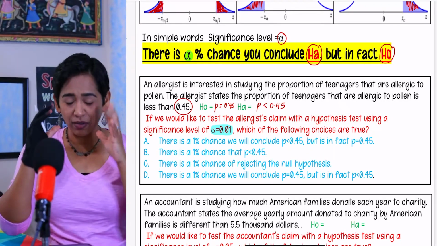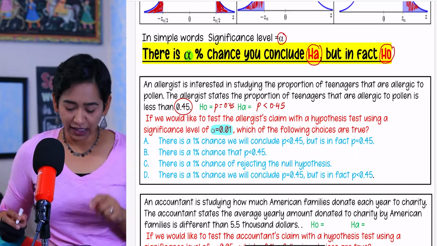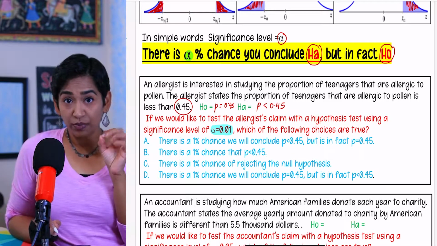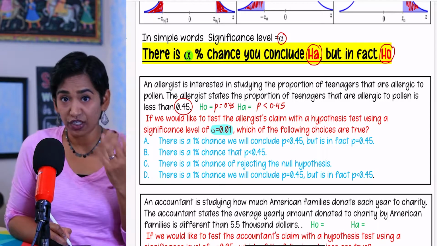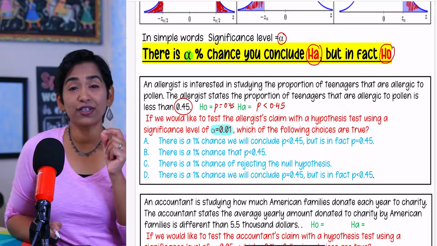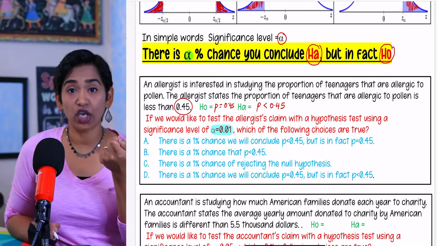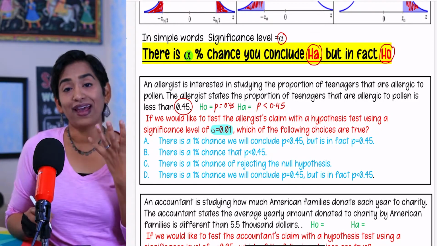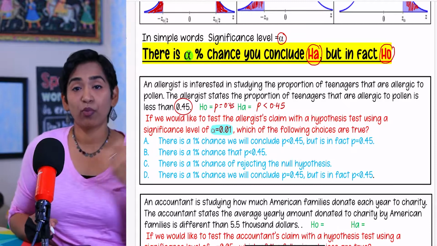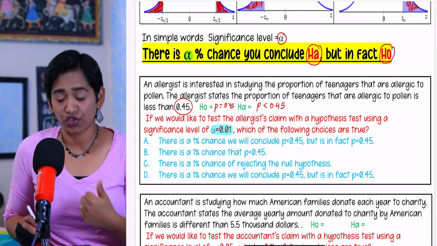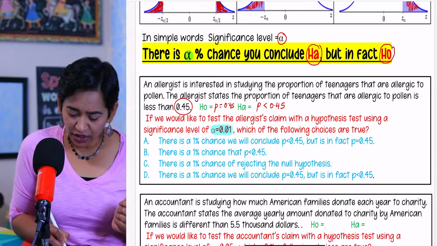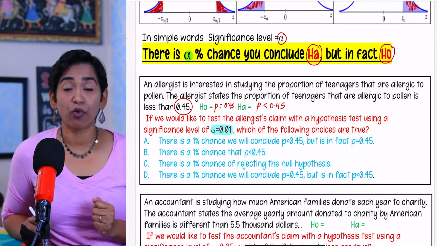Okay, so keeping that in mind, let's go ahead and take a look at this one. There is alpha% chance, that means there's 1% chance here because my alpha is 0.01. There is 1% chance that I will conclude HA. What is my HA? That the proportion is less than 0.45. In fact, when my H naught is true, what is my H naught? As you can see, my H naught is 0.45.